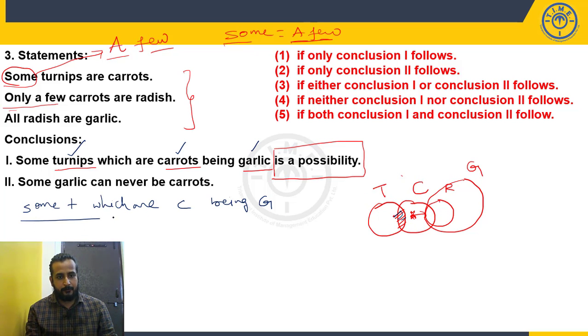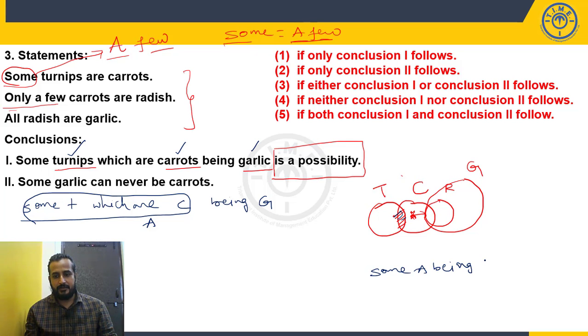So consider this complete statement as A. Okay, now write it again. Some A being G is a possibility. This is the meaning of the statement. Which one is A? This part we are saying as A. So this part being G is a possibility.